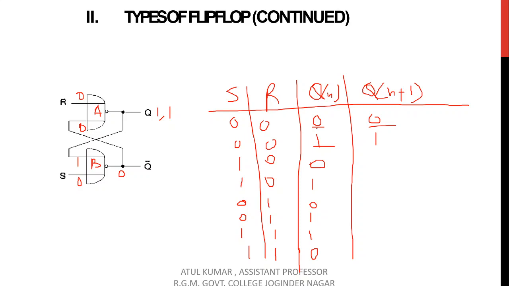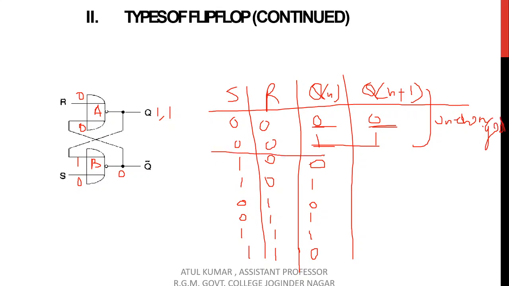This means that when S is equal to 0, R is equal to 0, whatever be the previous output value, the next output value remains the same. This means that the state is unchanged. So for S is equal to 0 and R is equal to 0, the state remains unchanged.